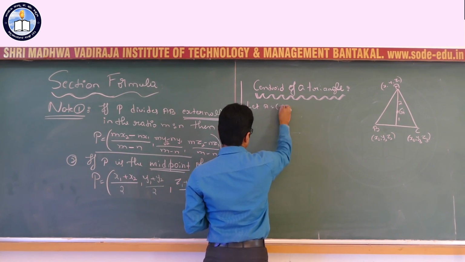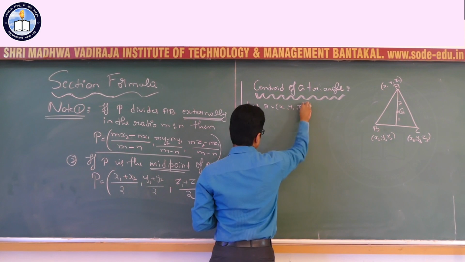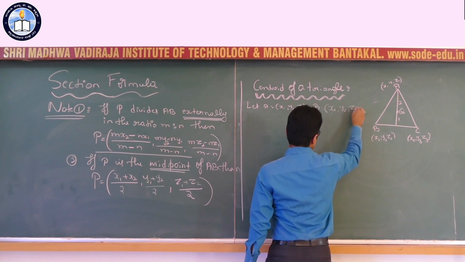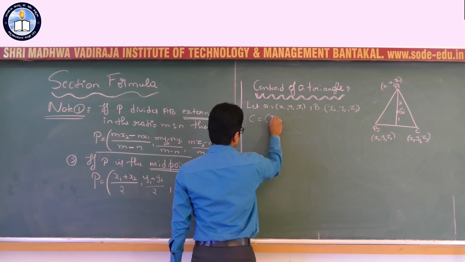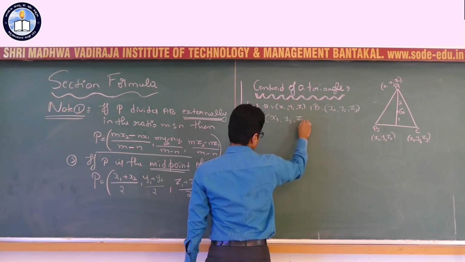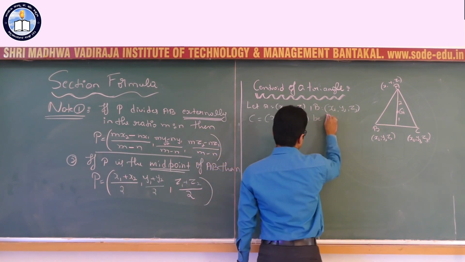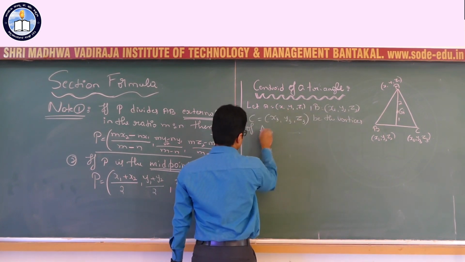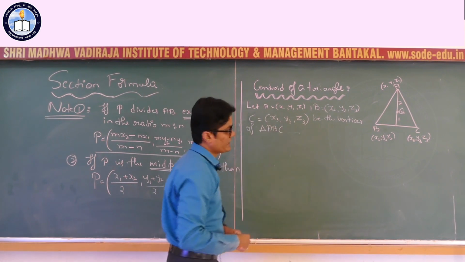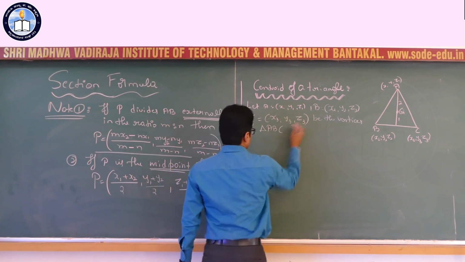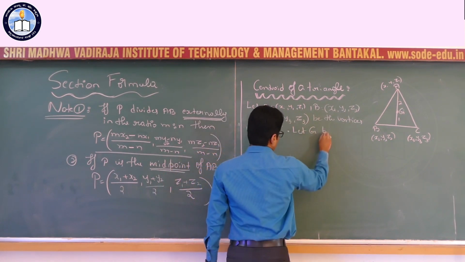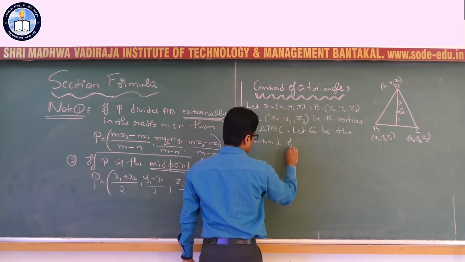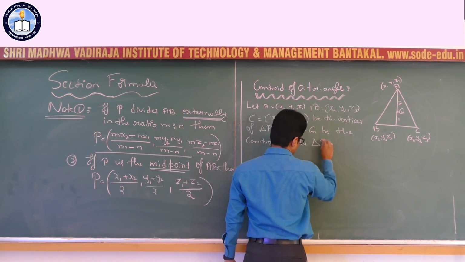Let A be (x1, y1, z1), B be (x2, y2, z2), and C be (x3, y3, z3), the vertices of the triangle ABC. Right? Let G be the centroid of the triangle ABC.